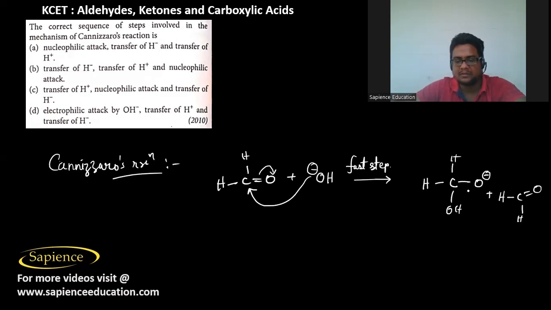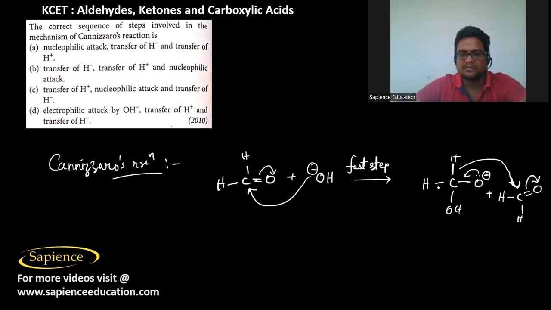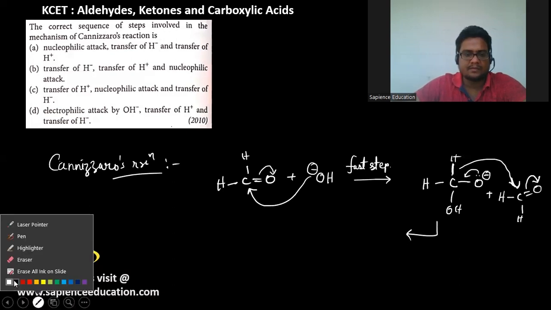Now the sigma electrons of hydrogen will attack on this carbon, and the pi electrons will shift onto the oxygen atom, and the lone pair will shift here.